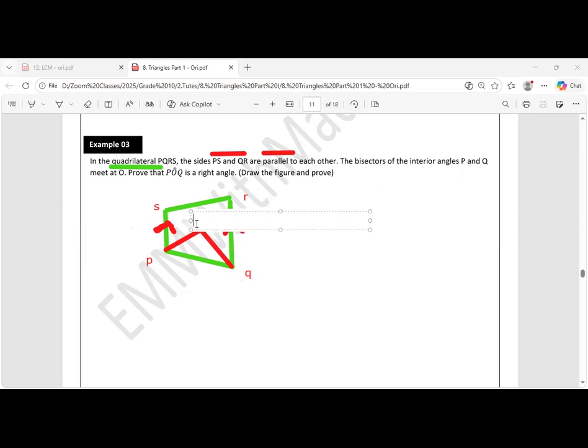Please draw this figure somewhat bigger and keep space to do the proof as well. Please draw this and give it a try. I'll give you 2 to 3 minutes to try.